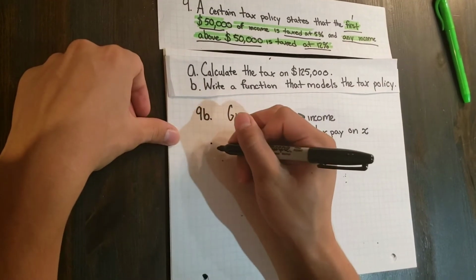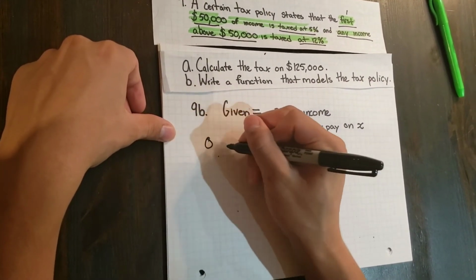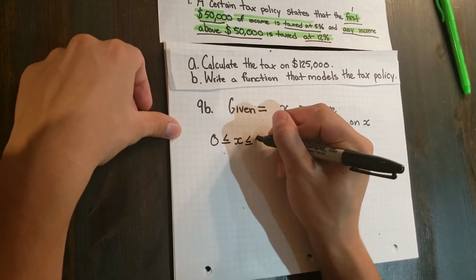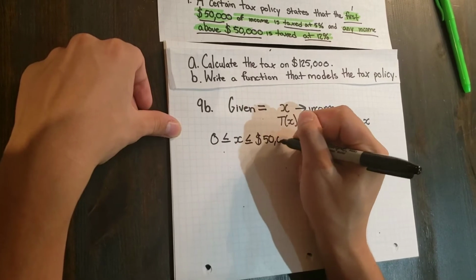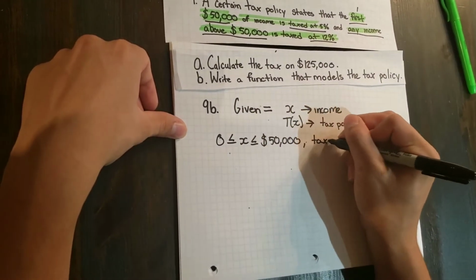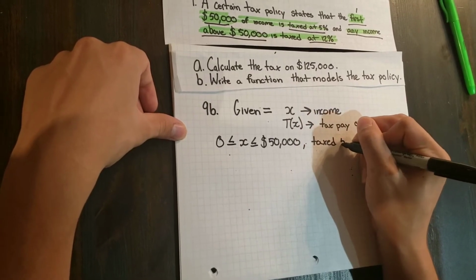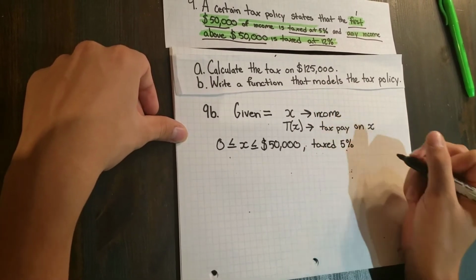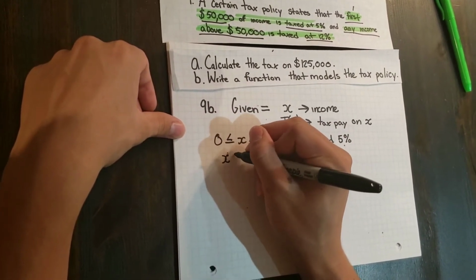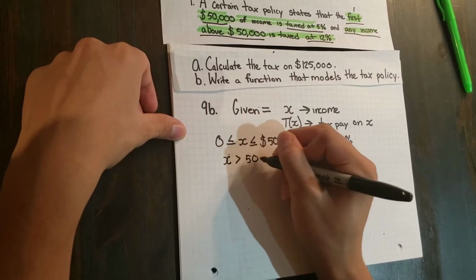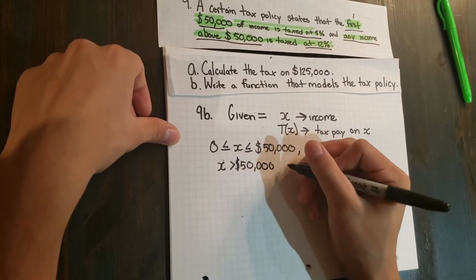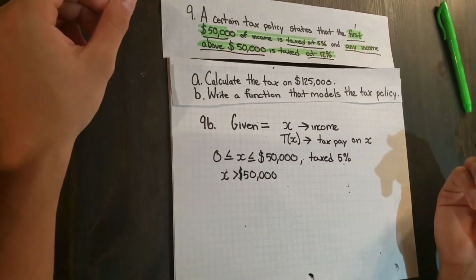When making this equation, we have to state back the information we were given. If we remember our notes, anything from 0 to $50,000 is taxed at 5%. And then anything greater than 50,000 is going to be taxed at 12%.